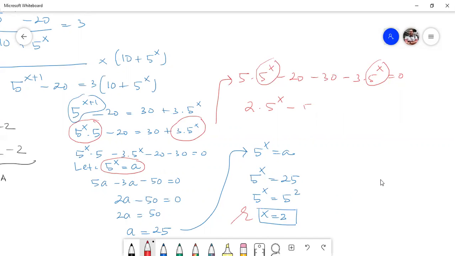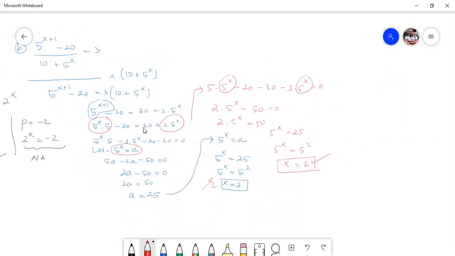So 2 times 5 to the power of x equals 50. Then 5 to the power of x equals 25, which is 5 squared. Then x equals 2. That's the solution. You can use either way, with the blue color or directly like the red color here. It will give you the same solution.